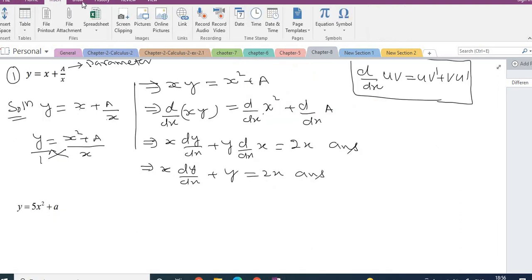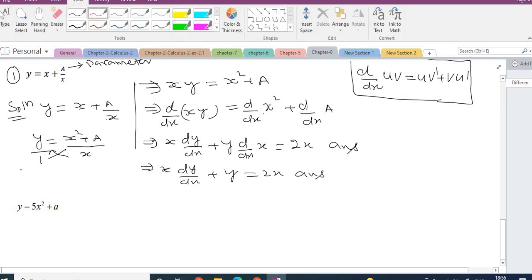Now I'm going to pick another question from the handout. This is question number C part. Form the differential equation of y is equal to 5x square plus a. Here a is the parameter, so one parameter is given, and we need to differentiate only one time. So d/dx of y is equal to d/dx of 5x square plus d/dx of a.